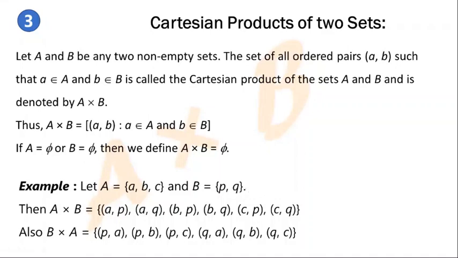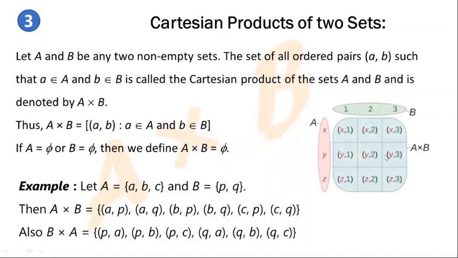So here is the diagrammatic representation. We have another example. You may try the Cartesian product this way. A has the elements x, y and z, set B has the elements 1, 2, 3.